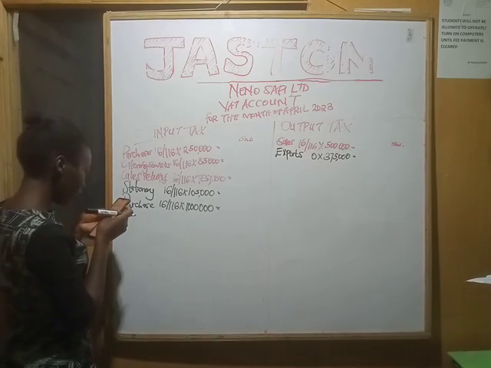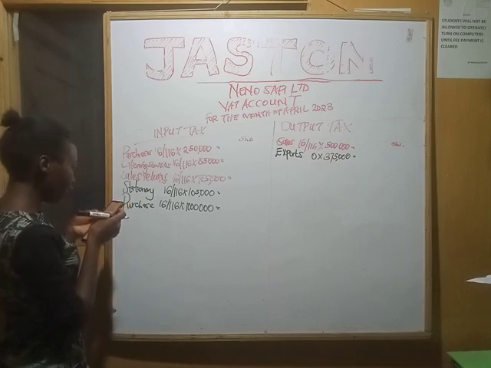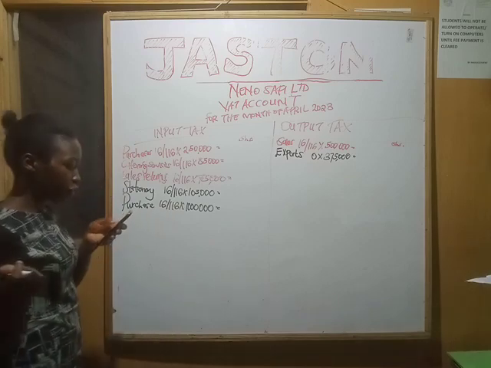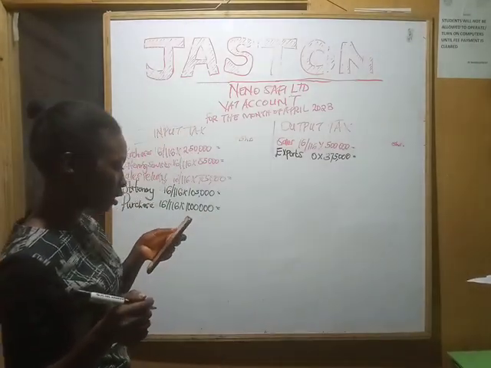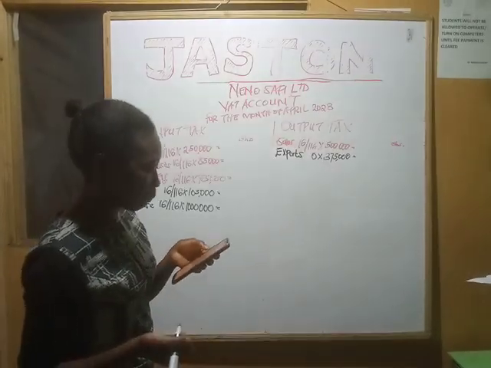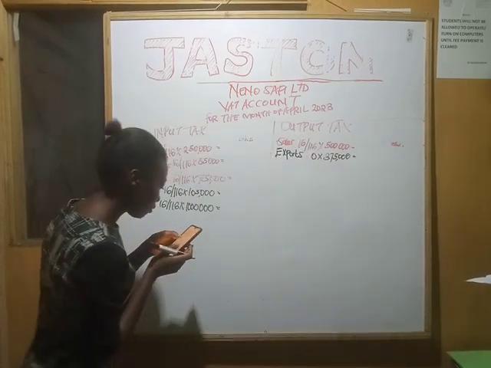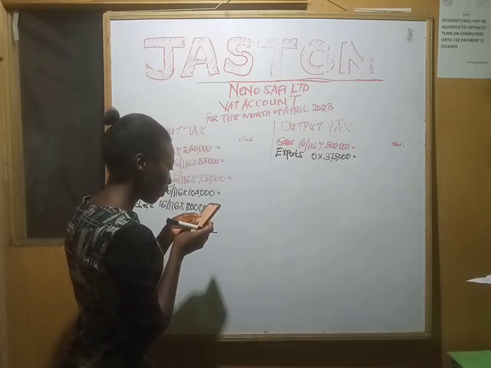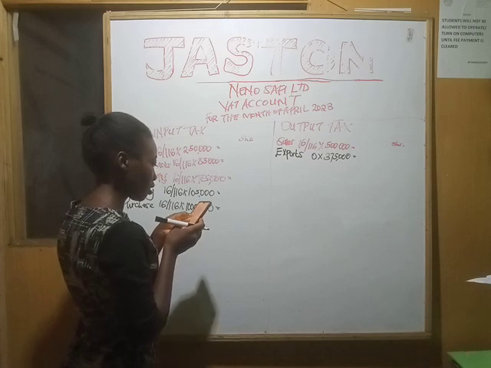Then we also have imported goods. We imported goods for 1.125 million from China, exclusive of VAT. This is an import. It is inclusive of import duty at the rate of 25% and VAT at the rate of 16%.